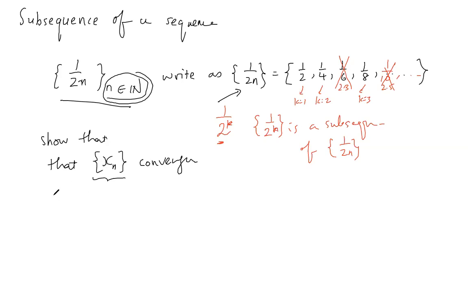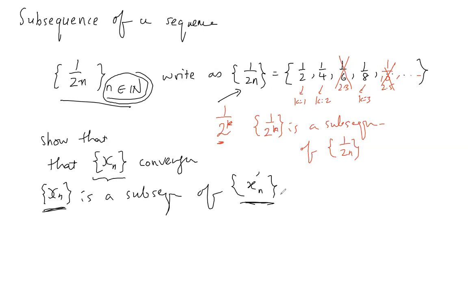So one strategy is to see that if your xn is a subsequence of, let's say, x prime n, some other larger sequence, and the larger sequence converges, then you show that xn converges.